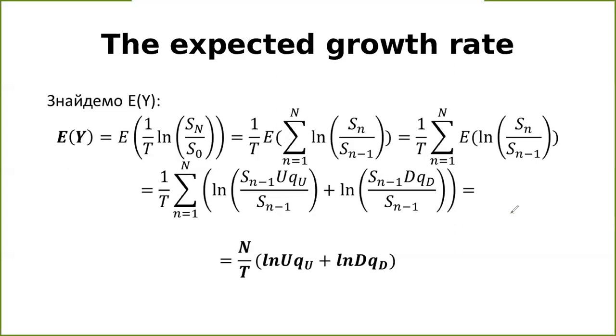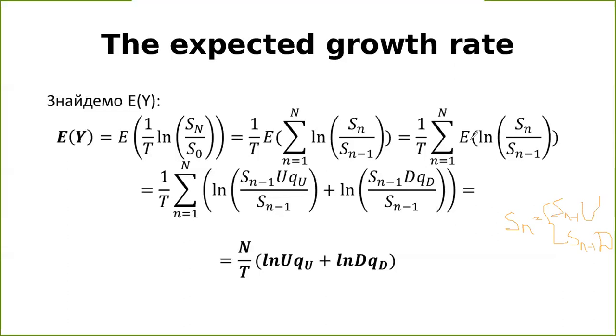This Sn is Sn minus 1 multiplied by U with probability Qu, or Sn minus 1 multiplied by D.